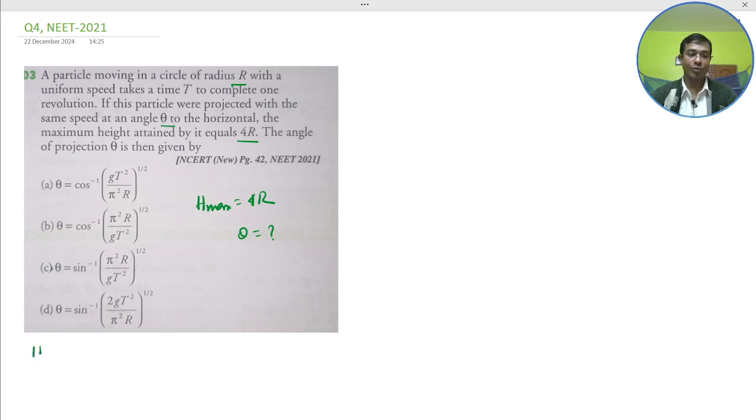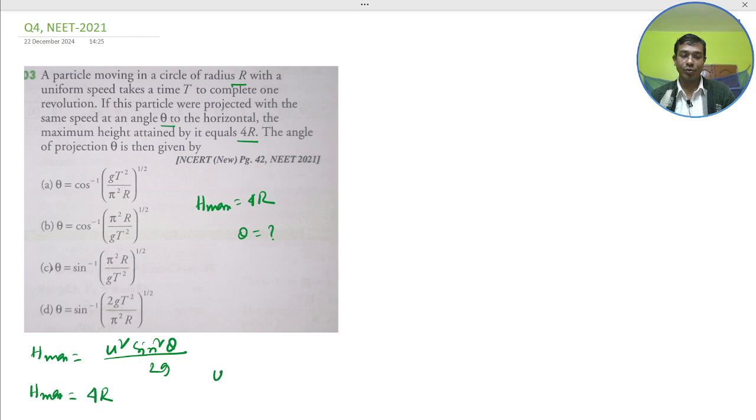I just write here one formula, from the chapter summary in a nutshell: maximum height is u square sin square theta by 2g, and given h max is 4r.